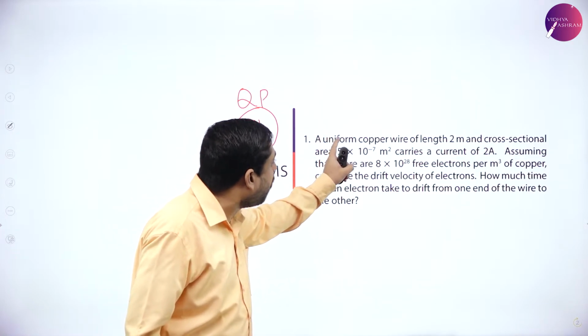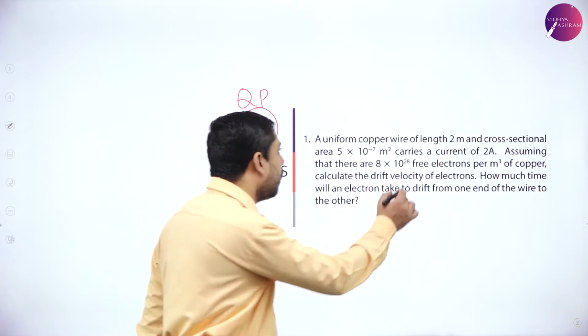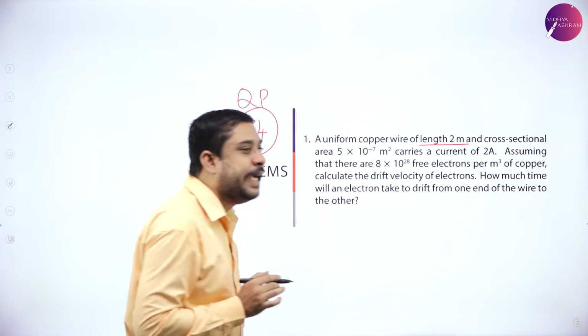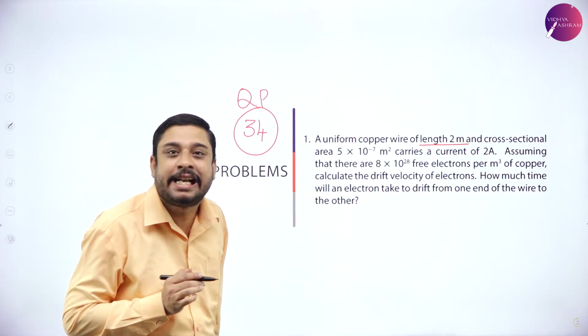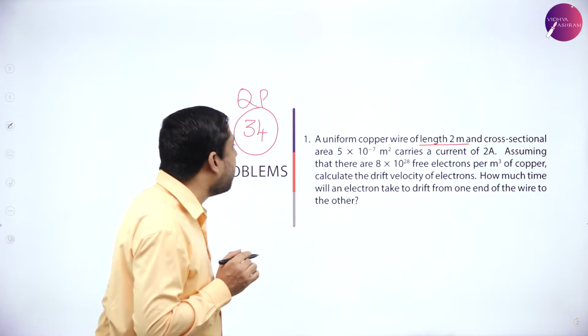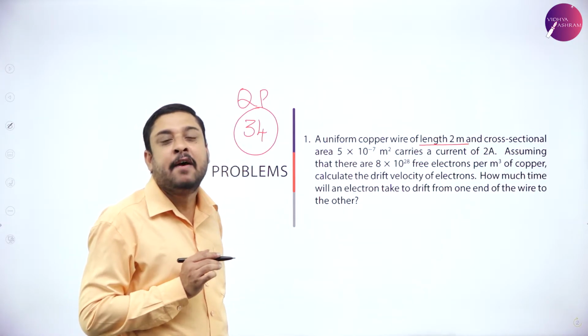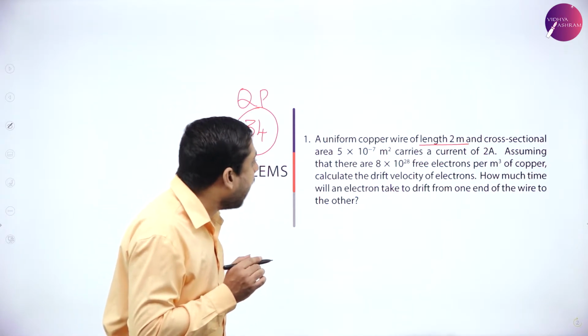A uniform copper wire of length 2 meters. The first data available is the length of the wire, which is 2 meters.